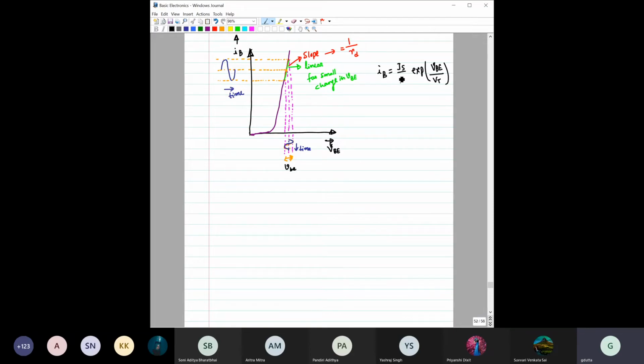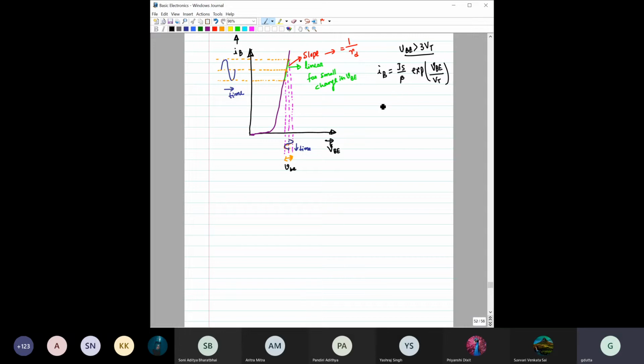This equation we have already discussed during our BJT DC analysis part. Remember, we are neglecting the -1, because we are considering V of BE is at least greater than 3 times VT. Then we can neglect this -1 term.